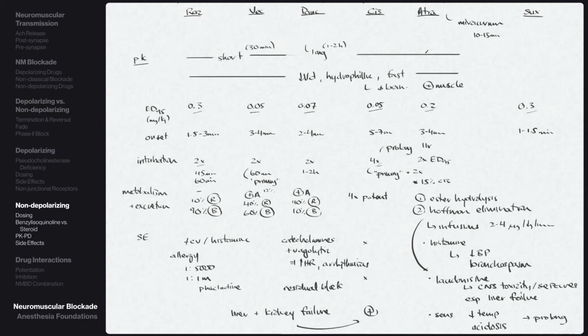And so we can point to the benzylisoquinolines as having ester hydrolysis and Hofmann elimination, which means that when you look at the concept of how long this action actually lasts in the body, the offset of the drug is due to elimination. And this is because it doesn't have time to distribute to other types of tissues, and that it is essentially broken down relatively quickly in our bloodstream.